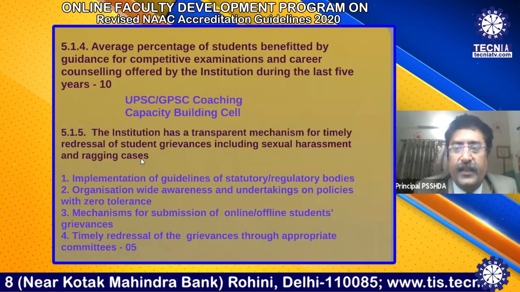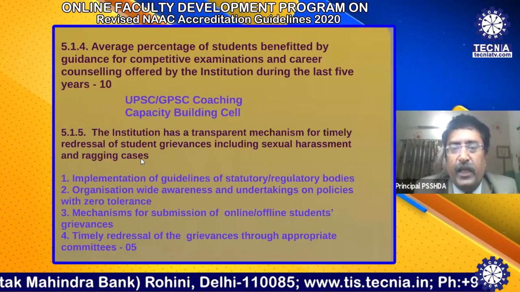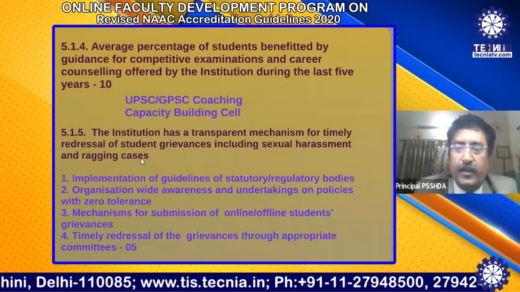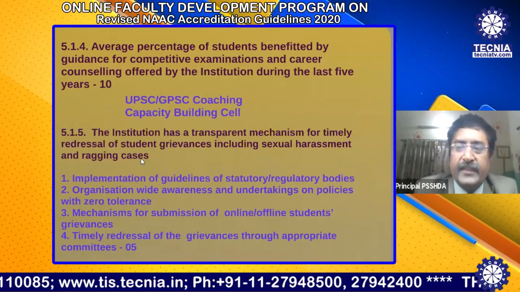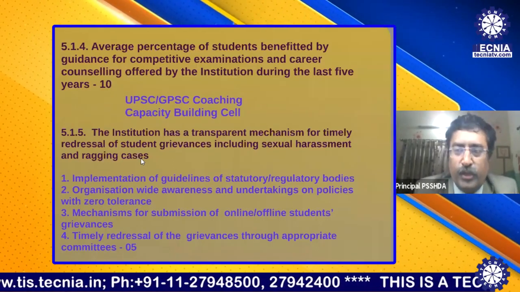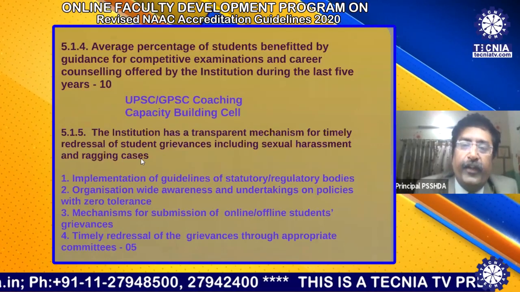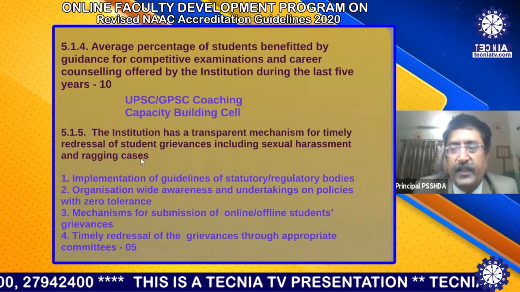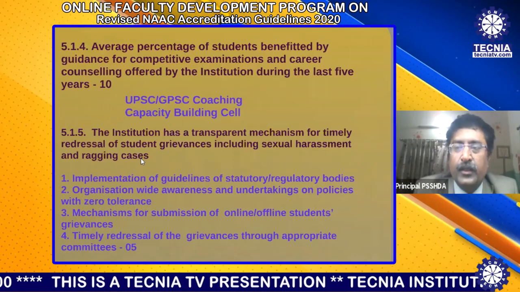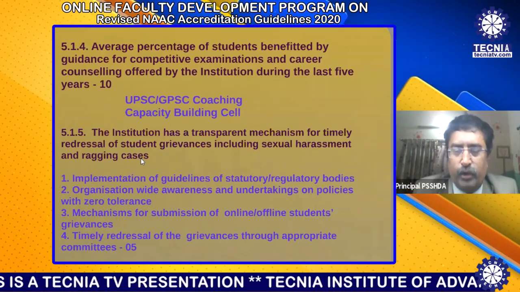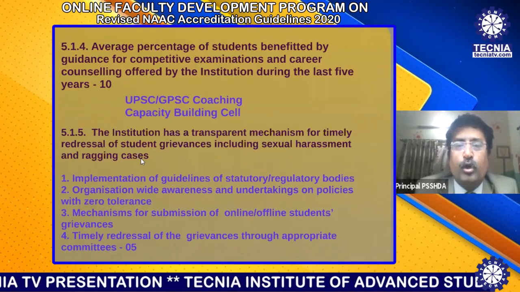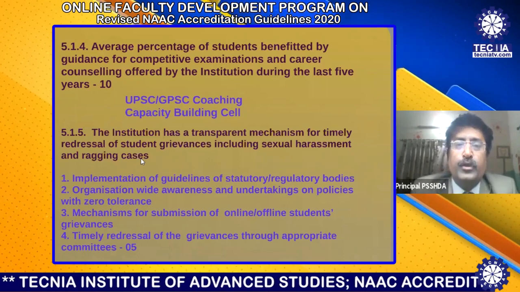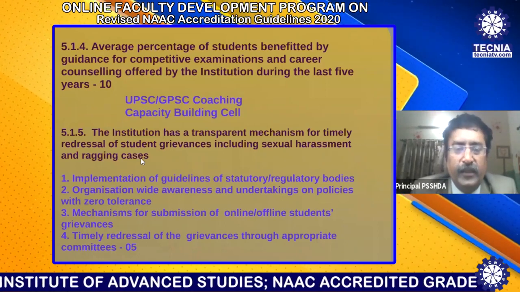Under various capacity building cells, like the Gujarat State Biotechnology Mission capacity building cell, the government gives us a grant of around 7 to 8 lakhs every year, and we prepare our UG final year students to crack various PG exams, like GRE or TOEFL or entrance exams like the JNU test, CEEB, the common entrance exam for biotechnology. Students are cracking these exams. So all this will be under 5.1.4, how you are benefiting your students for capacity building.